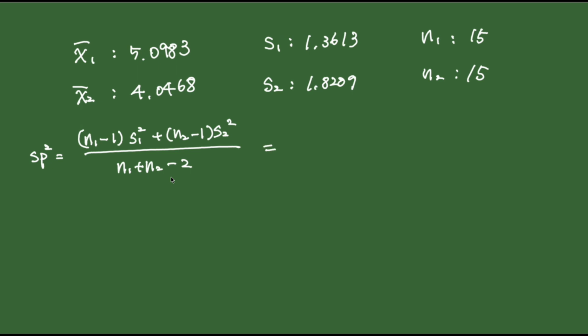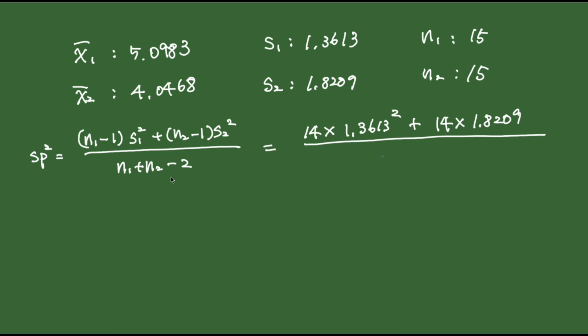Since we have 15 data points for each group, this is 14 multiplied by 1.3613 squared plus 14 multiplied by 1.8209 squared, divided by 30 minus 2.